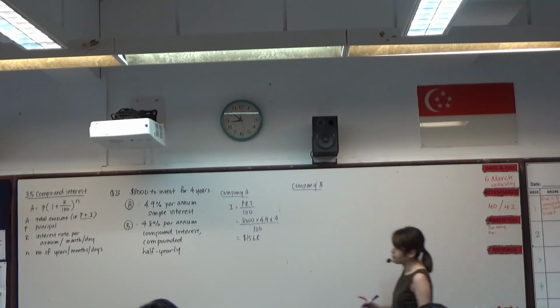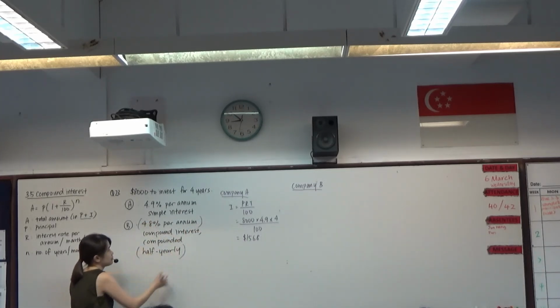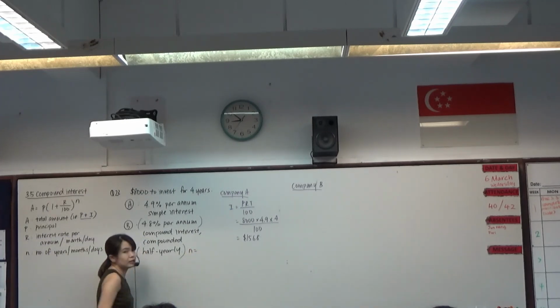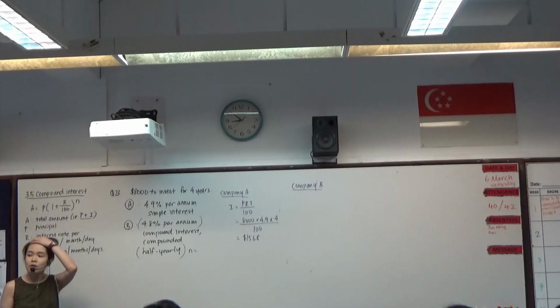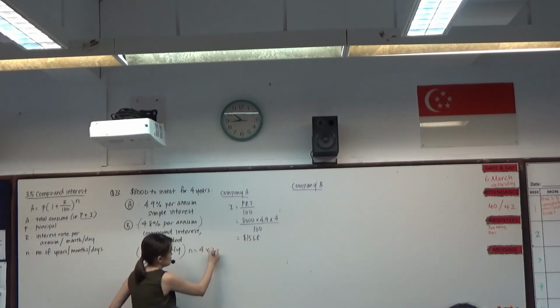That is the rate, but it is compounded half yearly. So our N is actually equal to, what will N be equal to? 2? It should actually be 4 times 2, 8. Why?